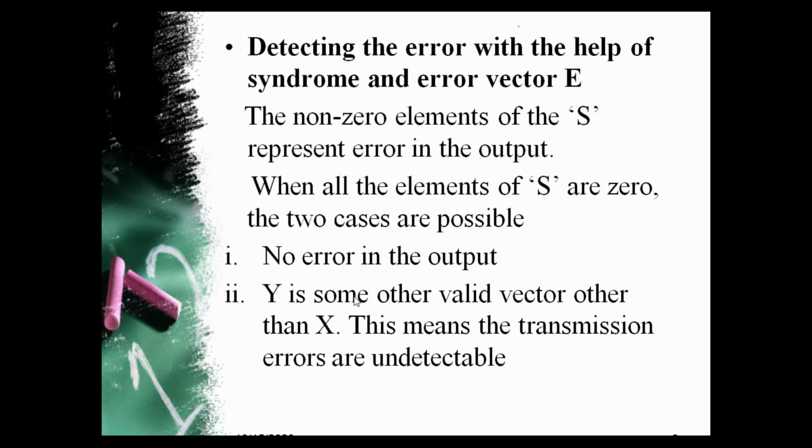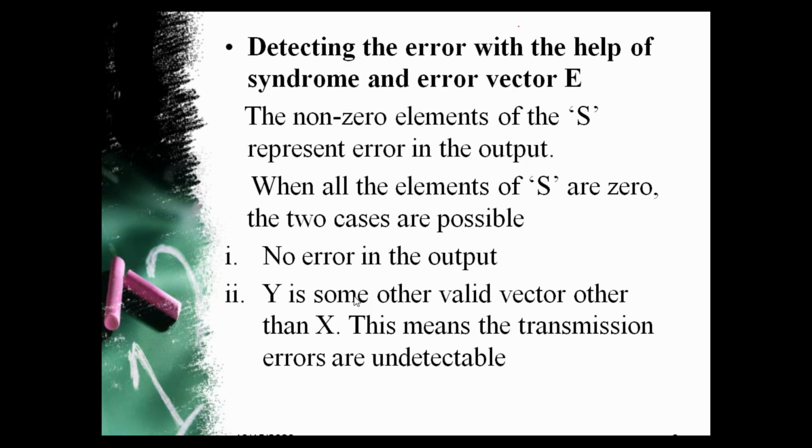For example, in the last example there are 16 code words, and the 15th code word is actually transmitted, and some error occurs in some bit position and it becomes another valid code word. Then if we multiply the received code word with H transpose, we get a zero vector.